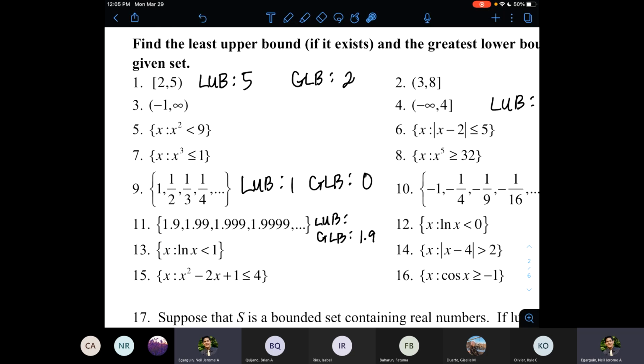Okay, so it will require you to have an idea of how the pattern goes. So it seems that the first term has a single nine after the decimal point. The second term has two nines after the decimal point. The third number has three nines after the decimal point. The fourth term has four nines after the decimal point.